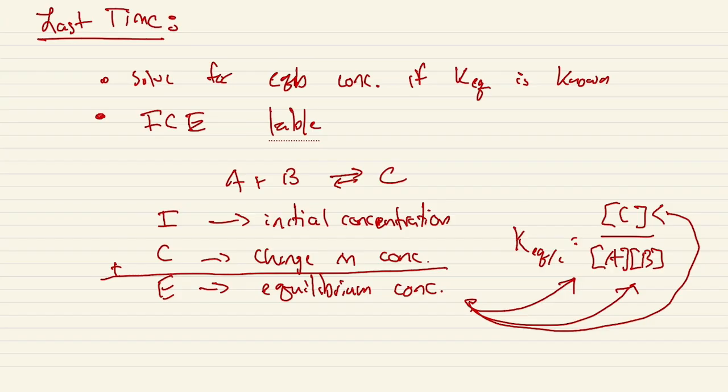You can do this in terms of concentrations, or you can do it in terms of what else, if you have gaseous reactants? Partial pressures, right? So for gases, you could have something like Kp is equal to the partial pressure of C over the partial pressure of A times the partial pressure of B, right?